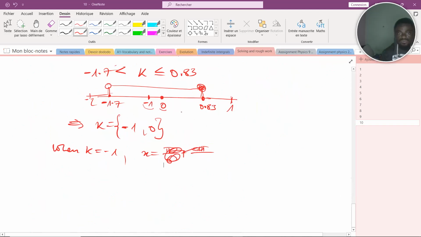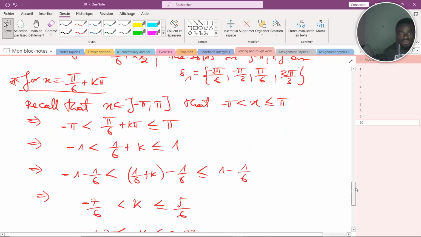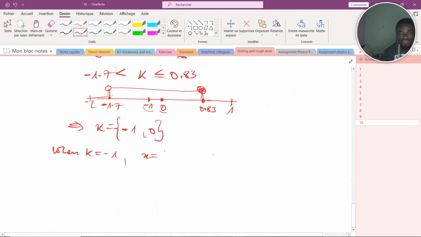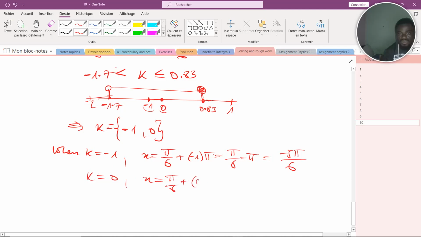So I'll have pi on 6 minus pi. This is equals to -5 pi on 6. Is that okay? When k is equals to 0, our x will be equals to what? Pi on 6 plus 0 times pi, which is equals to pi on 6.